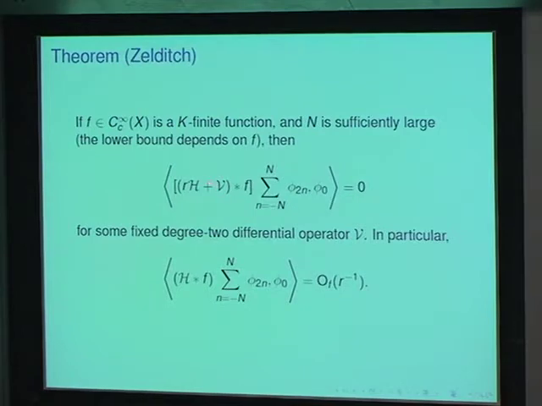If you apply this v to a fixed function, you get some fixed function, and hence you get some expression that is again bounded. So the vf, together with the inner products here, is a bounded expression.